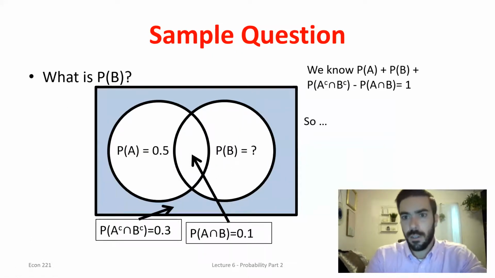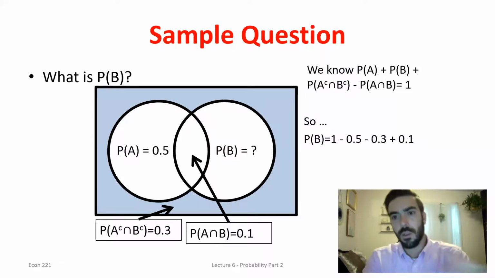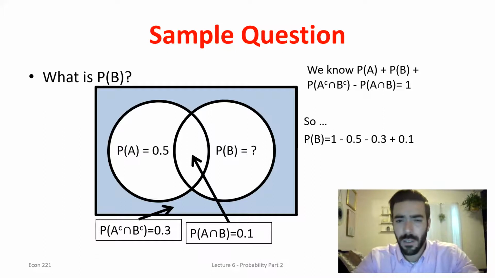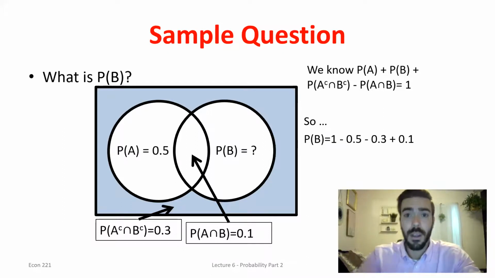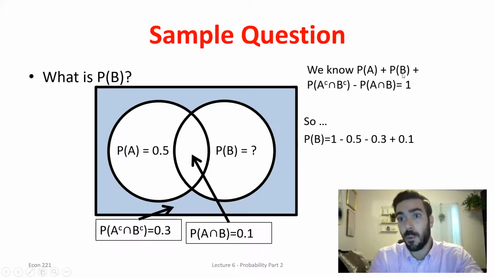I have another, and here's some of the math if you want to go back. Another thing you could do, if it makes more sense, though I don't really think it does, but everyone's mind is different: you could first take the equation and solve for what you don't know. I don't know the probability of B. I could rearrange everything so that the probability of B would be 1 minus the probability of A minus the probability of the intersection of the complements, plus the probability of the intersection.